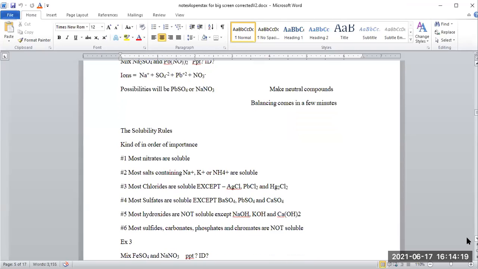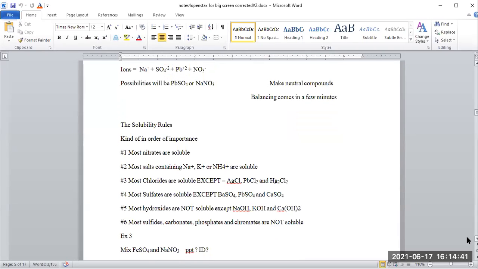So let me flop back over to my notes. All right. So my two options, the things that might have created a precipitate, are lead sulfate or sodium nitrate. Now I put this set of 6 solubility rules into a separate file, which I believe I loaded onto the page that says handouts.